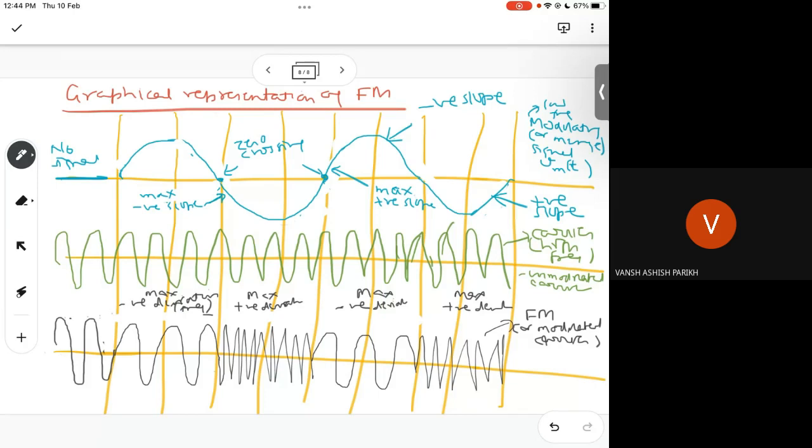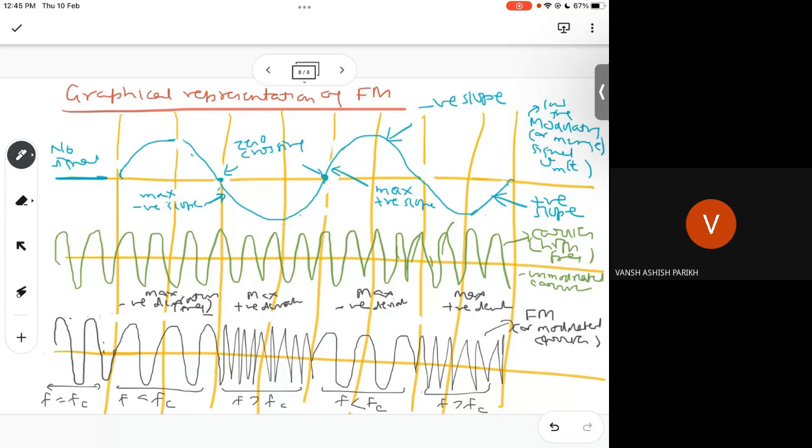Here the frequency is less than the carrier frequency. In this range, the frequency is greater than the carrier frequency. Again, less than the carrier frequency, and in this range greater. And in this range, because there was no signal, I have the frequency of the carrier signal.